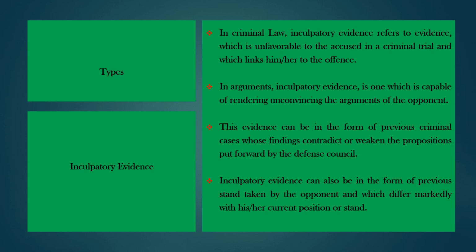So while the prosecution side presents inculpatory evidence, the defense side will present exculpatory evidence, and the aim is to show that the suspect has no link at all to the issues that he or she is being accused of.